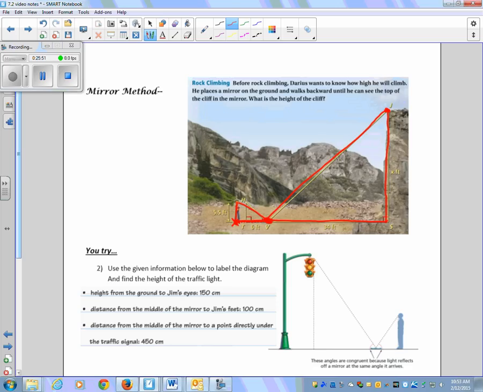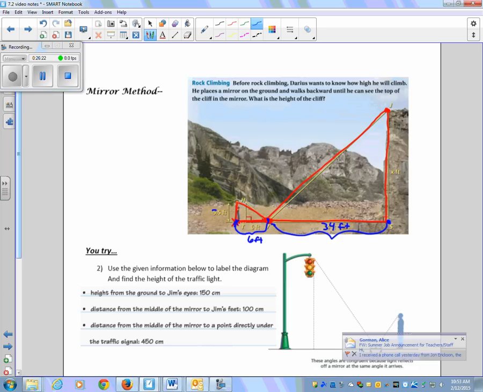The measurements you need are the distance from the bottom of your house, in this case the cliff, to the middle of the mirror, which says 34 feet, and the middle of the mirror to where you stopped. That was 6 feet from here.